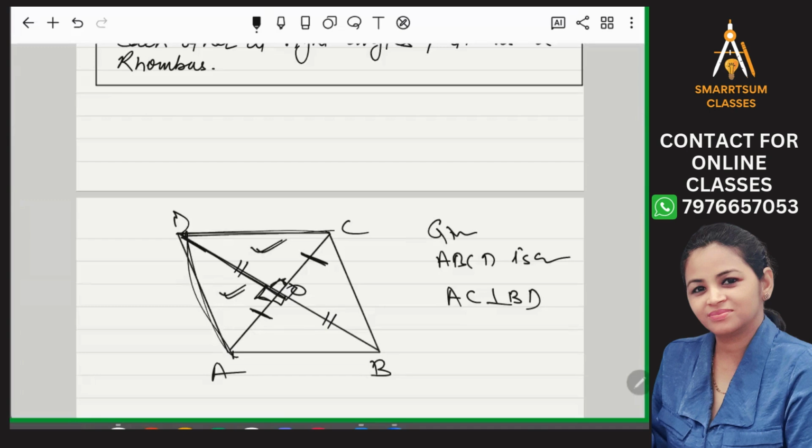Similarly, we can prove that the other two adjacent triangles are congruent, and from there that AB and BC are equal. You can take any pair of adjacent triangles and prove that AD and AB are equal. In this way, you can prove that all sides are equal to each other, and therefore this is a rhombus. Are you getting this? Just try it on your own.